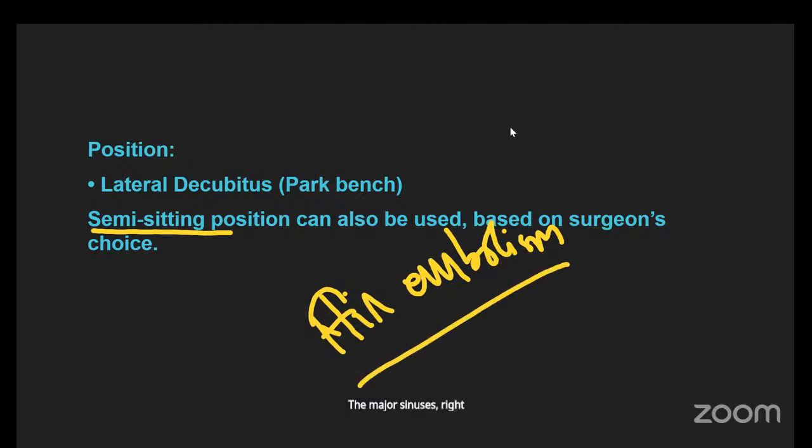We are going to be working in the vicinity of the sigmoid sinus and the transverse sinus. So a semi-sitting position used for retrosigmoid approach will be a high risk situation, but there are surgeons who use it. So to each their own. Okay, so lateral decubitus and park bench position are more or less the same thing.